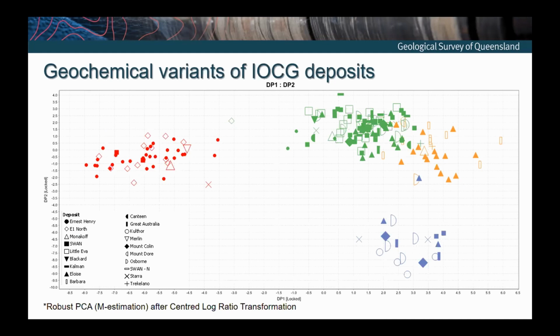There are 3 distinct clusters which don't overlap, and probably one of them can be split further. One of them is typical to just 2 deposits completely, Ernest Henry and E1, and just a few examples now and then in other deposits.